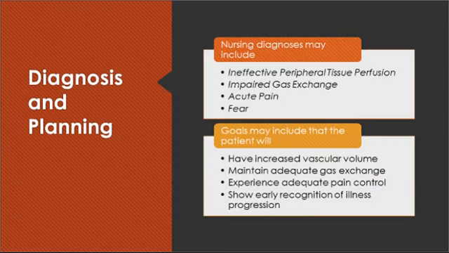Diagnosis and planning: ineffective peripheral tissue perfusion, impaired gas exchange, acute pain, and fear. You want them to have increased vascular volume, maintain adequate gas exchange, adequate pain control, and early recognition of illness progression.